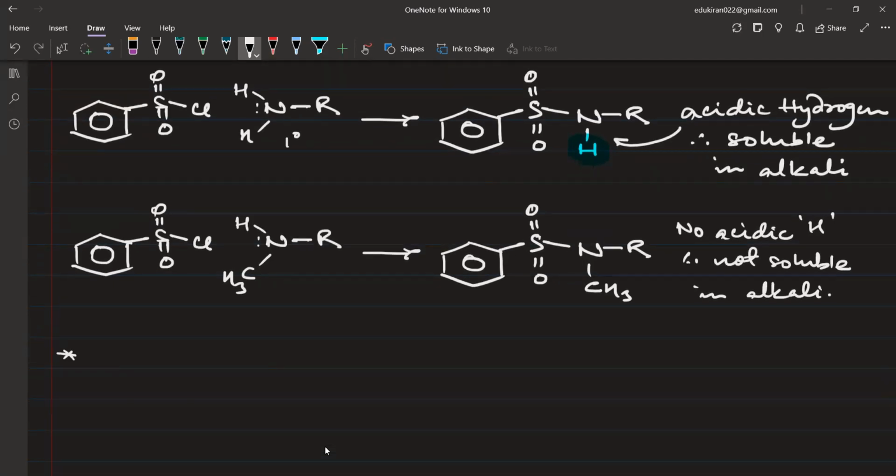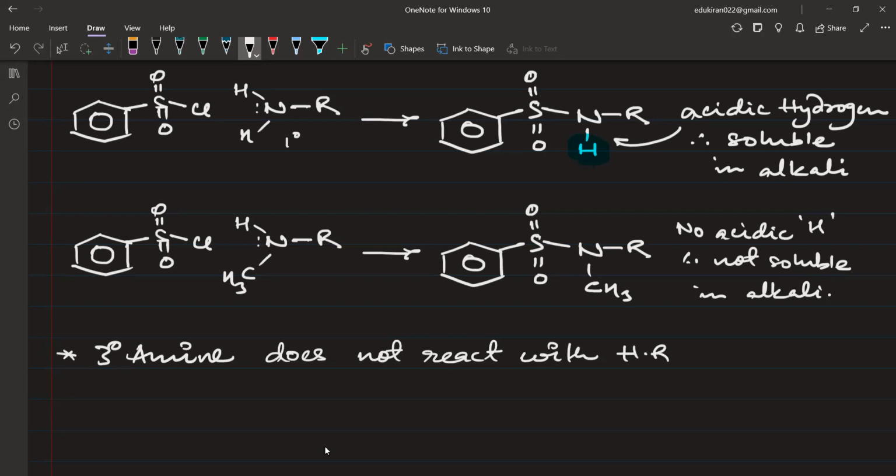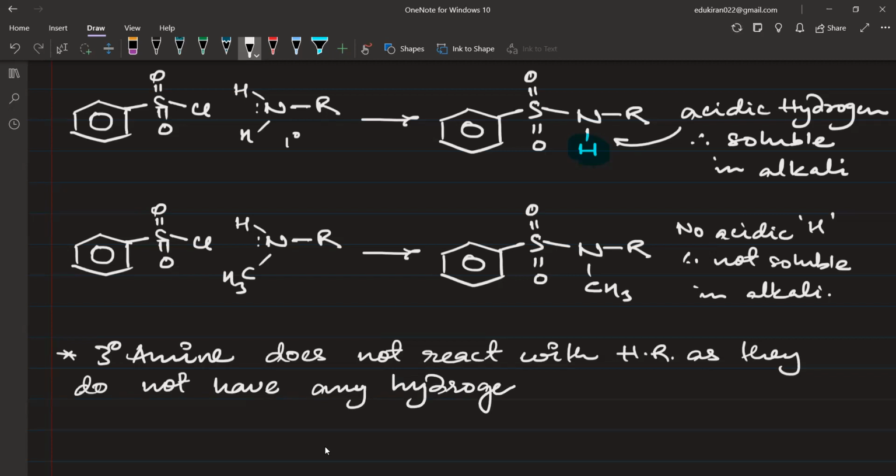Take 3 degree amines. They do not react with Hinsberg reagent, as they do not have any hydrogen on nitrogen.